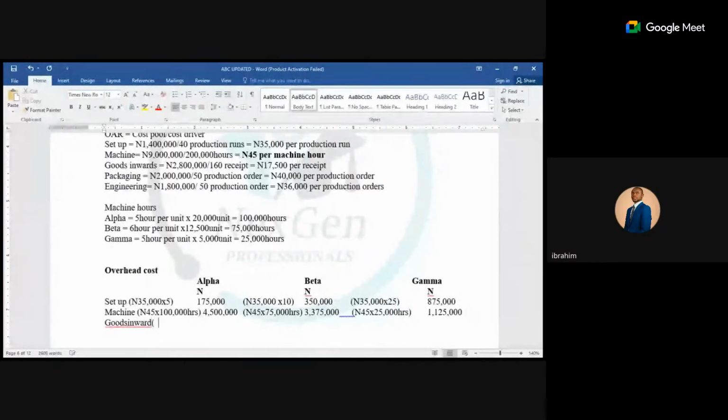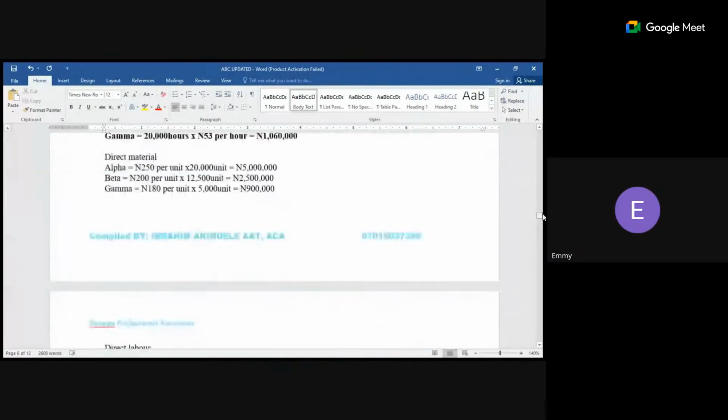So it will cost them. What is the cost per goods inward? 17,500 naira per receipt, right? So how many component receipts do we have for alpha? 15.